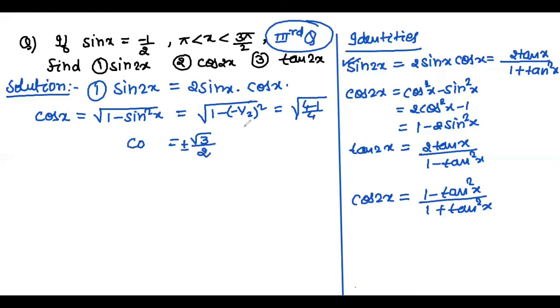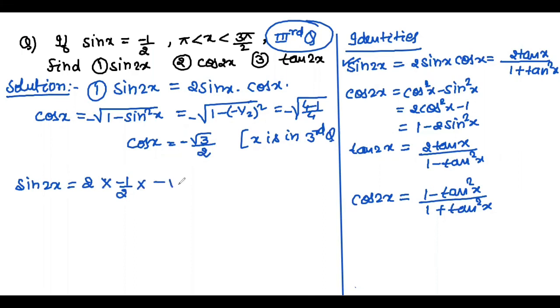But here x is in the third quadrant, and in the third quadrant we know that cos is negative, so I have to apply the minus sign. So cos x is minus root 3 by 2. Now applying sin 2x equals 2 sin x into cos x, where sin x is minus 1 by 2 and cos x is minus root 3 by 2, the final answer is root 3 by 2.